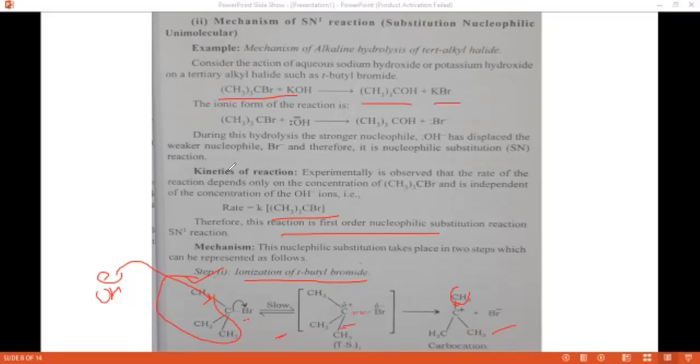The three methyl groups are electron donating groups, which stabilize the carbocation. So in step 1, the ionization of the tertiary butyl bromide forms the tertiary carbocation.